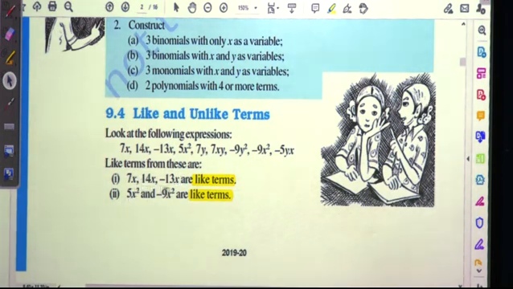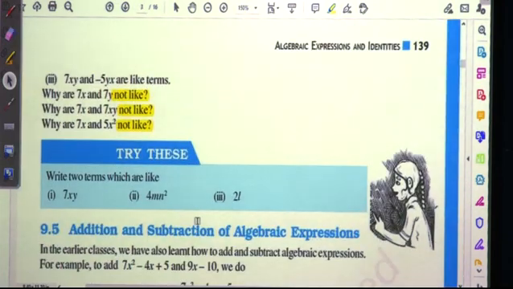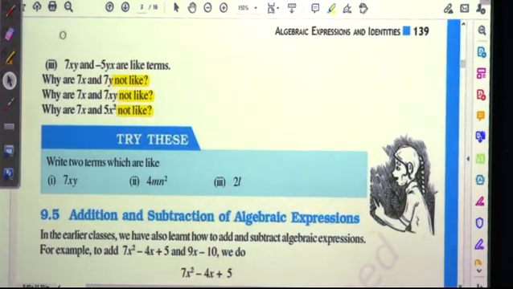What is the exponent of the variable in the second statement of like terms? It is 2. We are not thinking of the coefficients, we are thinking of the variables. And see here, xy: the exponents of x and y are 1 each. Minus 5yx, just now it was explained that xy and yx are one and the same. So, they are like terms.